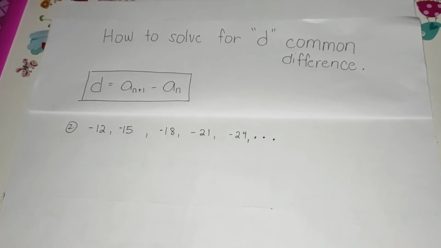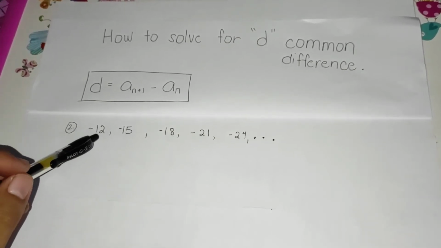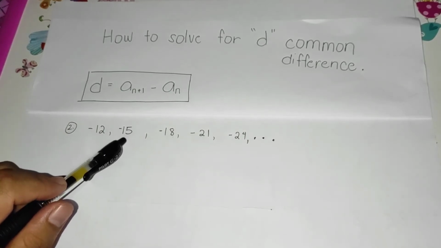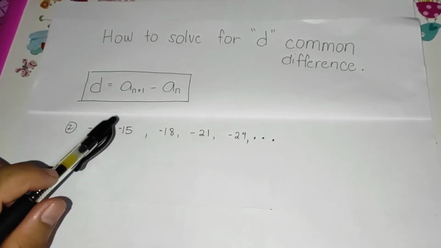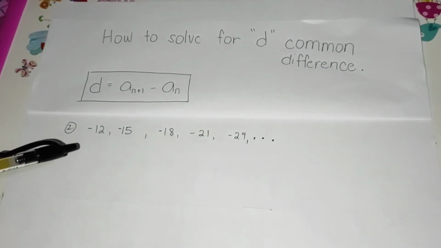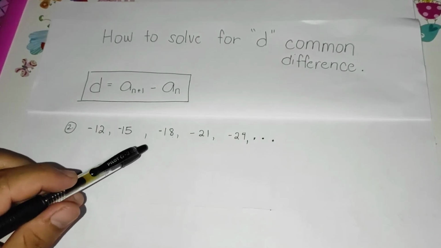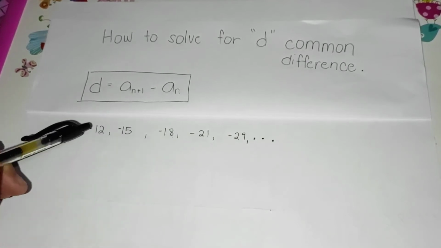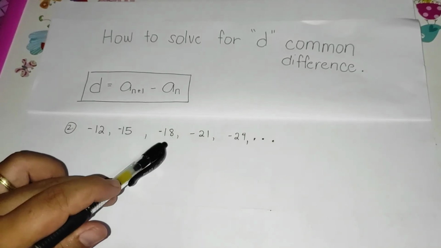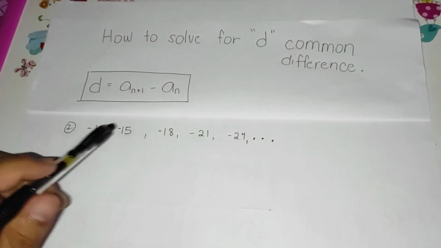In this case, you can either use negative 12 and negative 15, magsapit man hera. Kung gusto mo liwat ang negative 18 ngan negative 21, pwede gihapon. Negative 15, negative 18, go gihap ito. How about negative 12 and negative 18? Pwede ba?